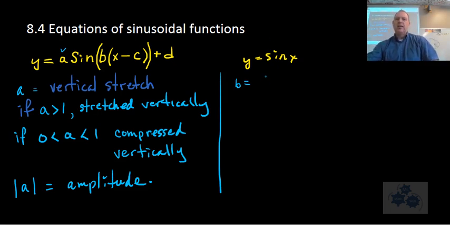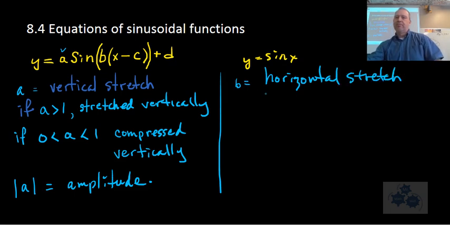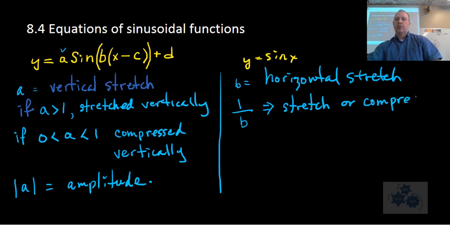Let's jot this down. So b is the horizontal stretch. 1 over b refers to the stretch, or if we're using those terms, the compression.